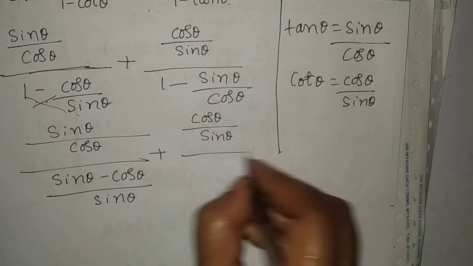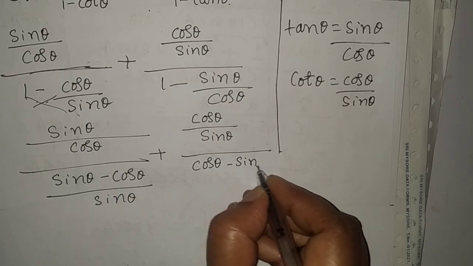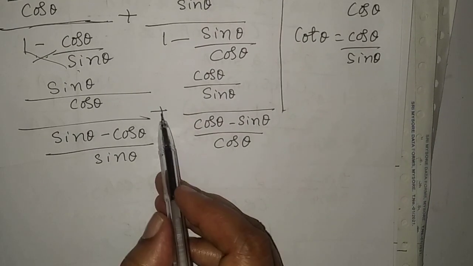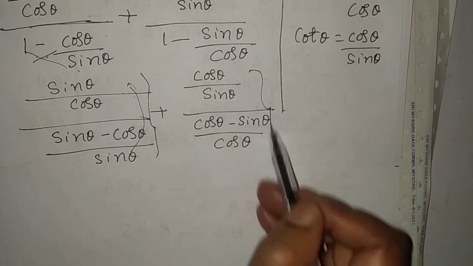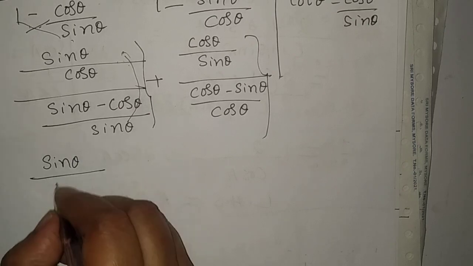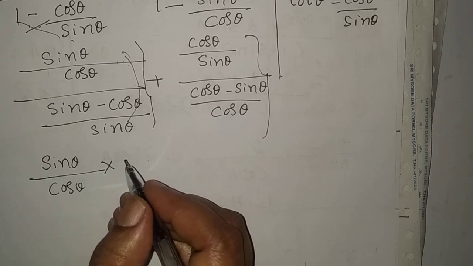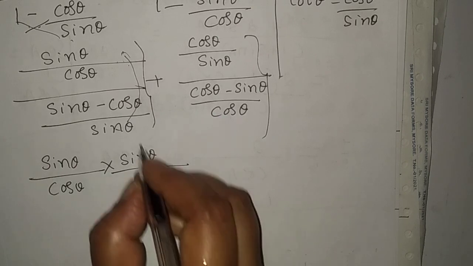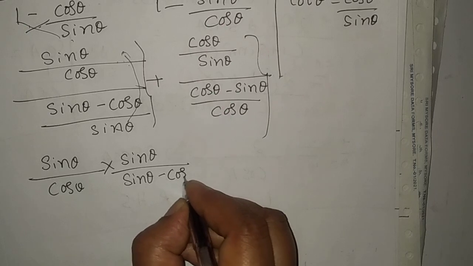Next cos theta minus sin theta by cos theta. Now we have to multiply these two separately and these separately. I will take this part first, sin theta by cos theta into sin theta, which goes to the numerator. So sin theta by, we get this one, sin theta minus cos theta.